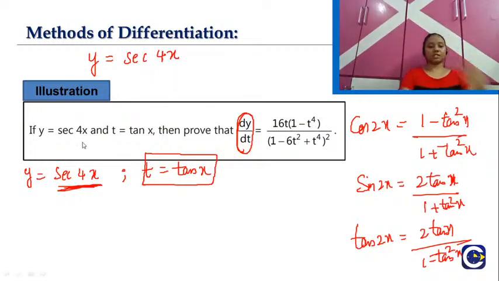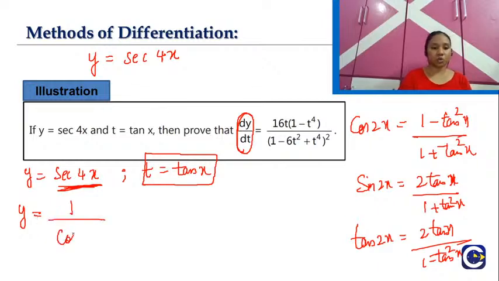So for this, as I told you, we have to convert this y function in terms of t. So our secant 4x can be written as 1 by cos 4x, and we have our formula for cos 2x in terms of tan, that is 1 minus tan square x by 1 plus tan square x.